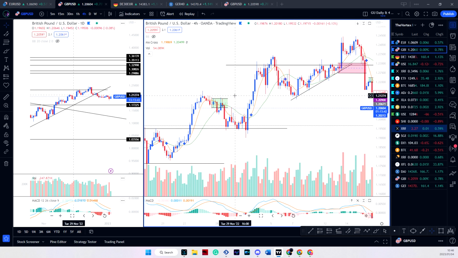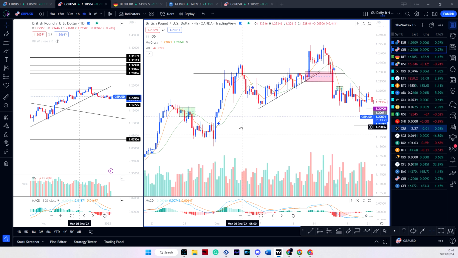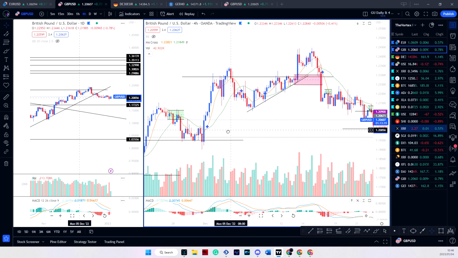So if there is a green block or a red block, those two positions were entered and exited in the exact same way, using the exact same rules and the exact same trading plan, right?